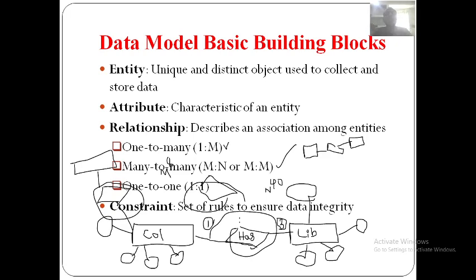Relationship. What is a relationship? It describes an association among the entities. If there are two entities, how are they related? Now, student and teacher. Teacher is also an entity, student is also an entity. Student has a set of attributes, teacher also has a set of attributes.